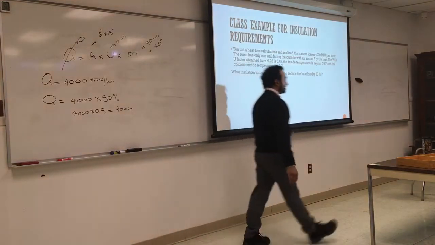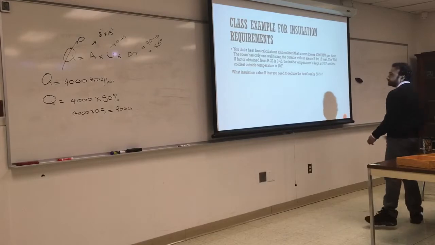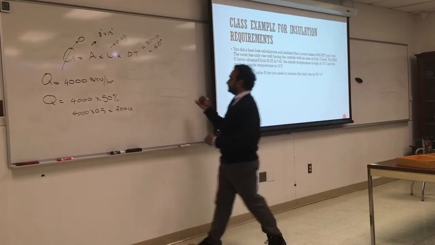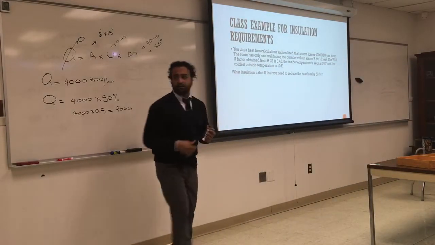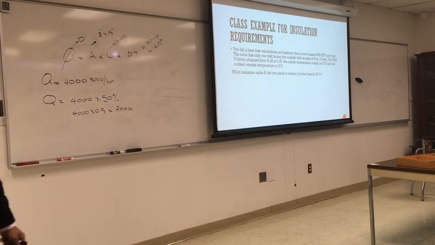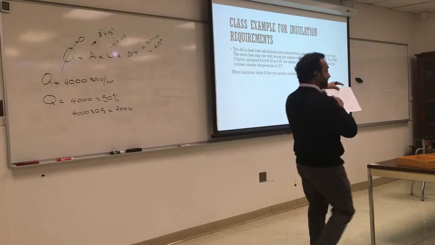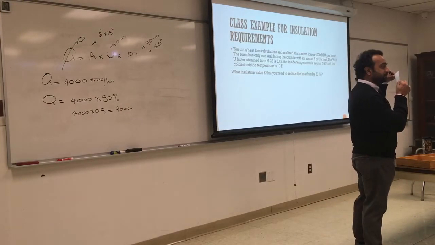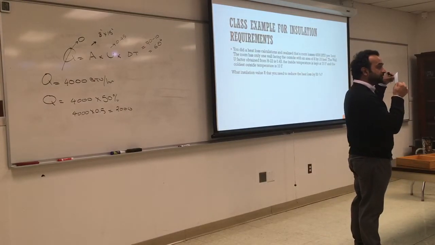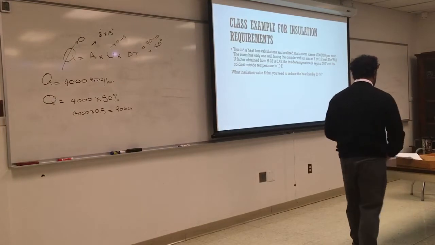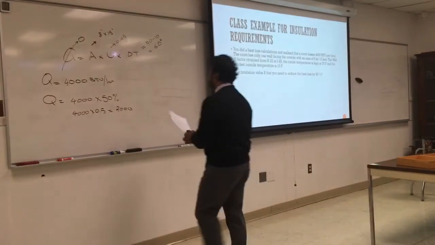I need to know what is the resistance of the wall. First, let's look at the equation sheet I gave you. You see the equation here that says R insulation from the corner. That is what we will use.